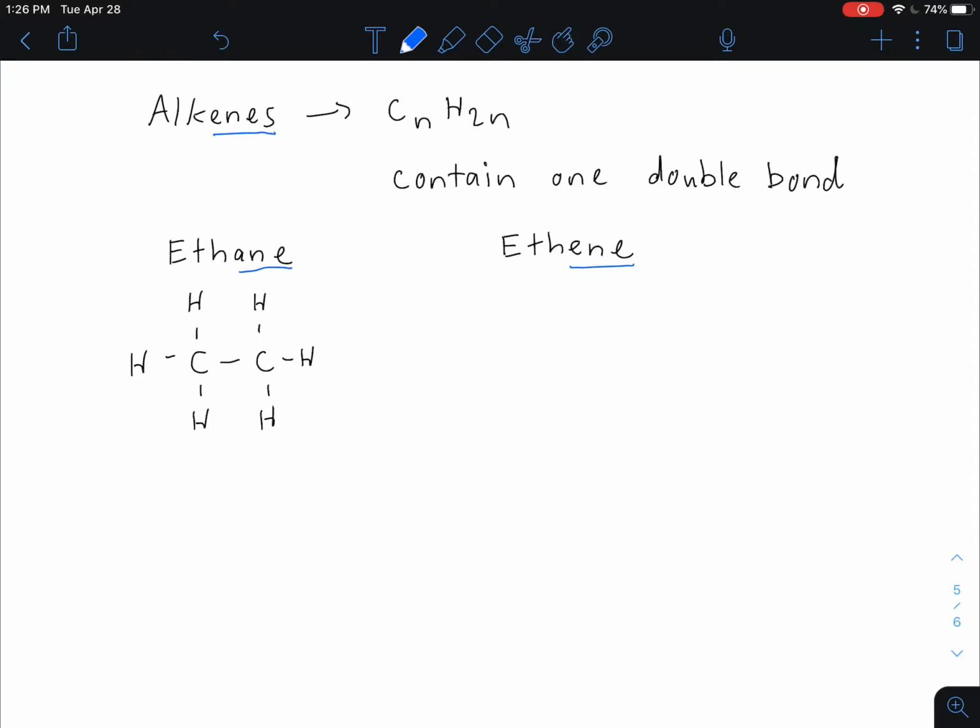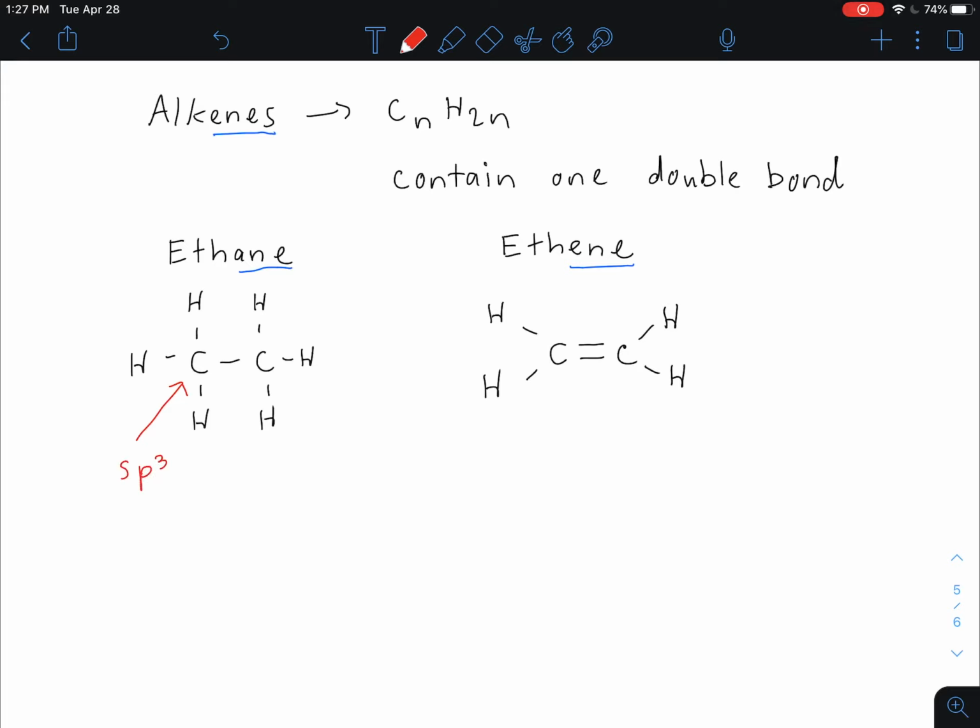So now the ANE ending for just a regular alkane with no double bonds, and the ENE ending to indicate the presence of a double bond. And the formula tells us CnH2n. So when I connect my 2 carbons, there'll be a double bond between them, and then each carbon will get 2 hydrogens. So we're still thinking about the valence, right? And the valence of 4 is satisfied in these cases because we have a double bond between them, so they each have 4 electrons around them.